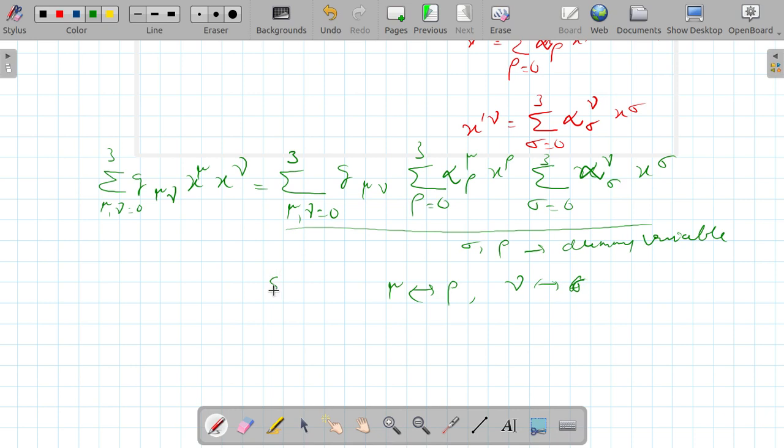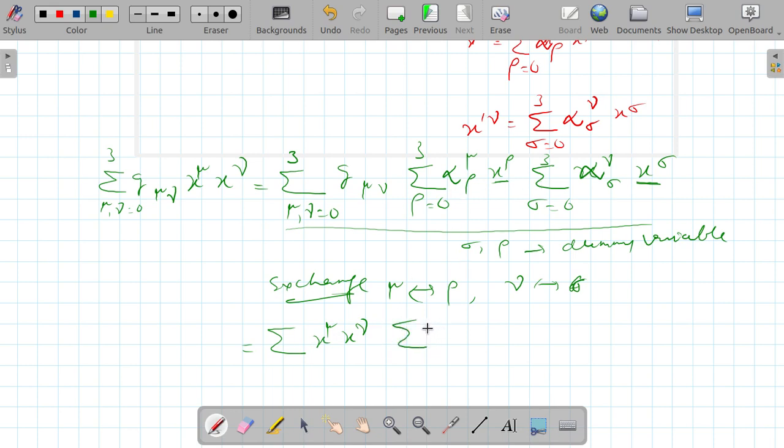If I exchange these, then this equation will become x mu x nu, right?